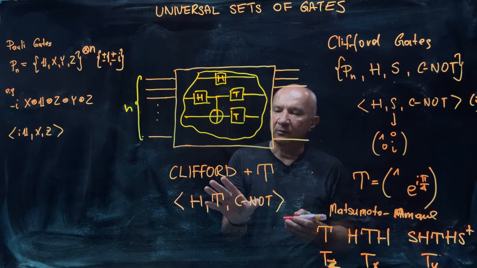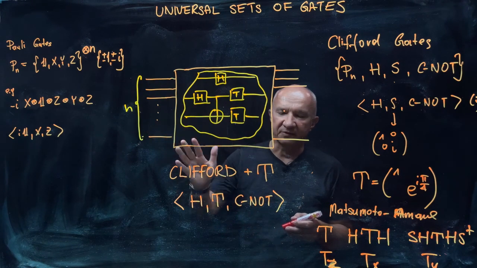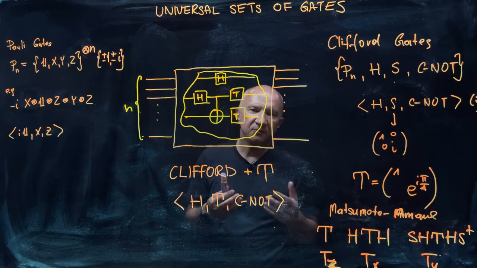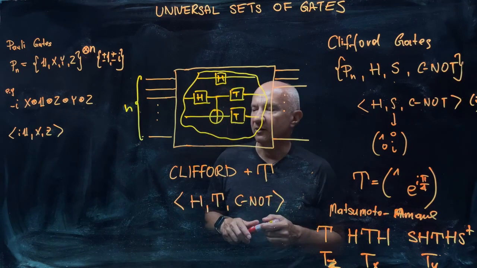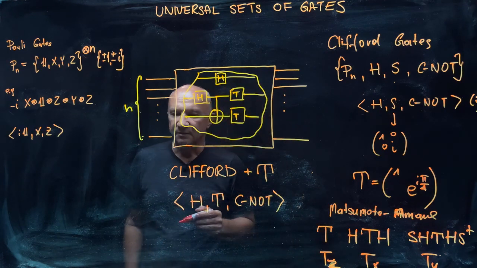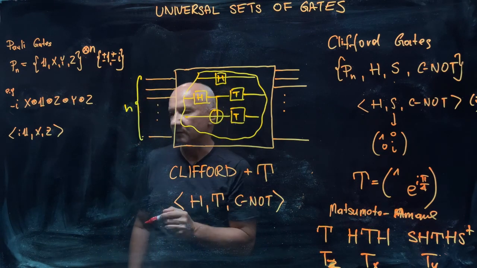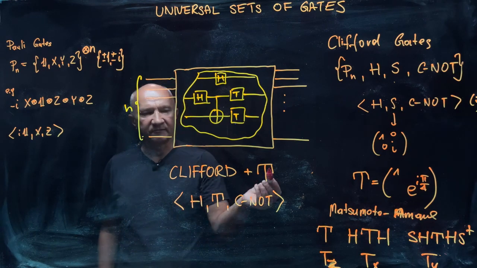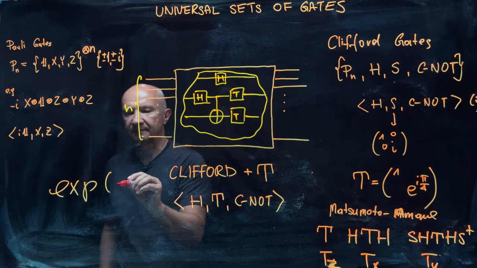Now you may ask, how hard is it? How does it scale with n, for example? How does it scale with precision? There's good news and bad news. The bad news is that any generic unitary operation is difficult to approximate as you increase the number of qubits. The number of gates needed from this set grows exponentially with n.